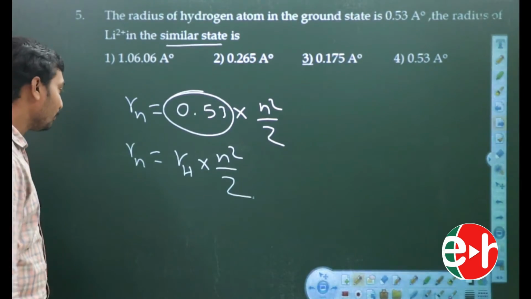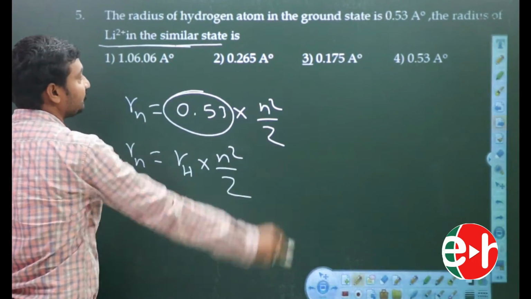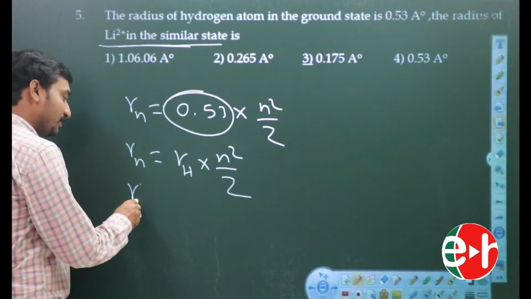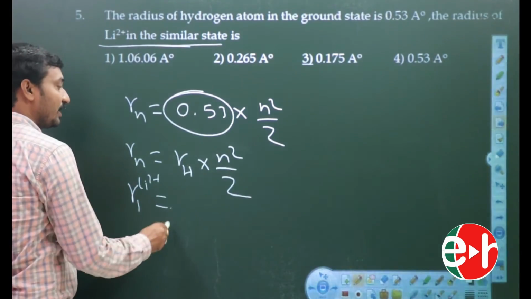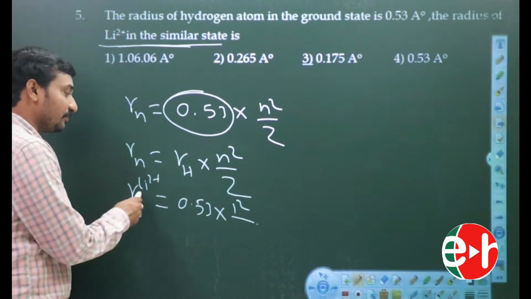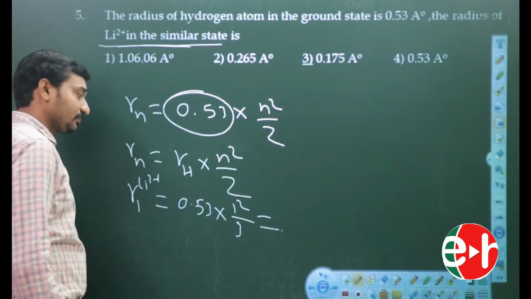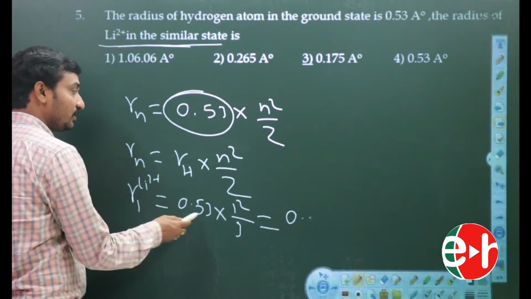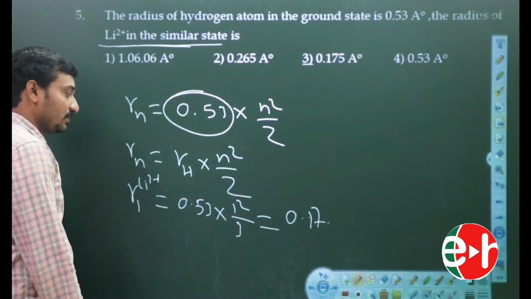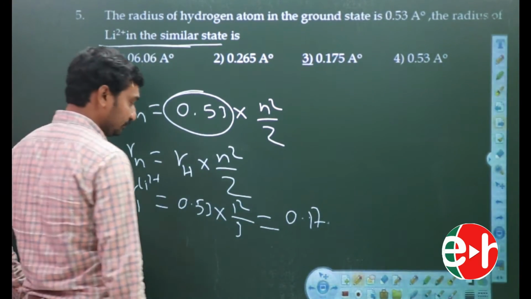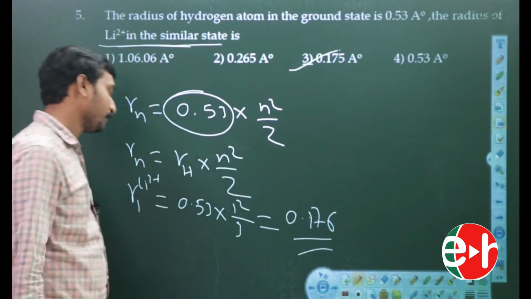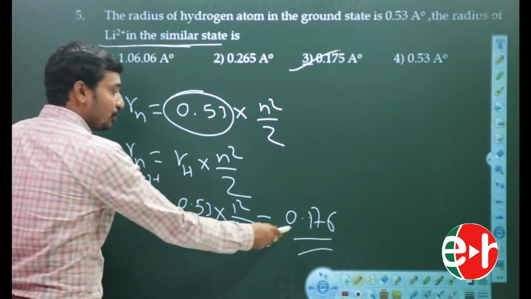Here we have to find the first orbit of Li2 plus: 0.53 into n value 1 square by z value, lithium atomic number 3. So that is almost 0.176.